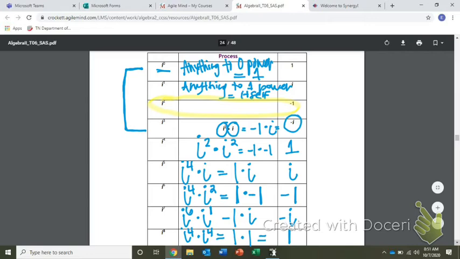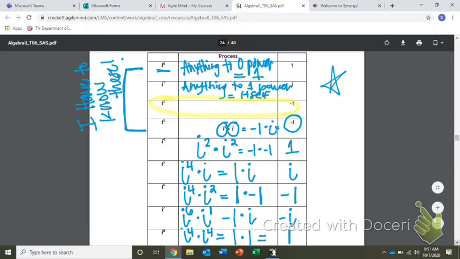So we have the first 4 terms, and I want you to write in big letters out to the side: I have to know these. You must know this pattern. It just keeps going and going and going.